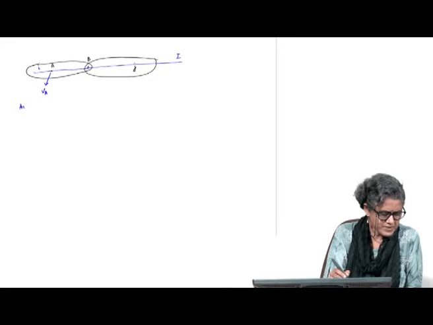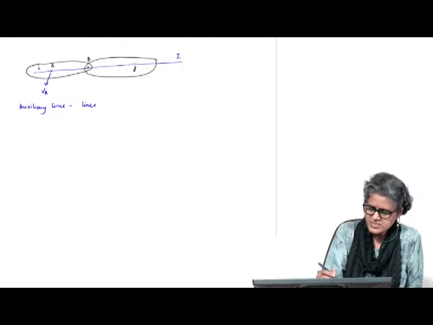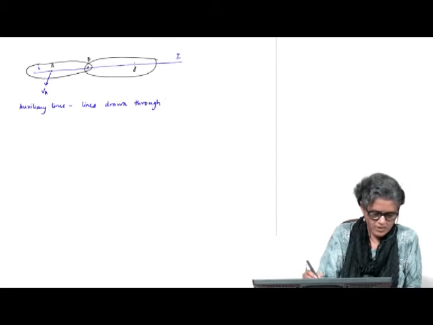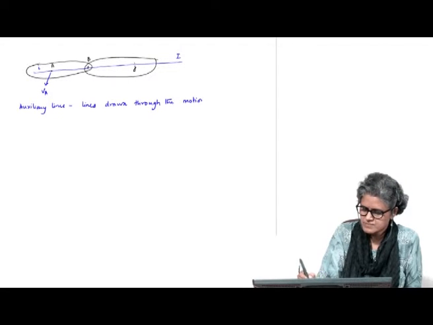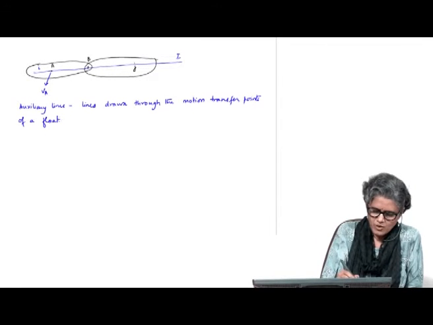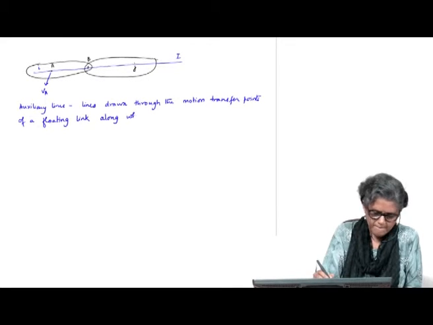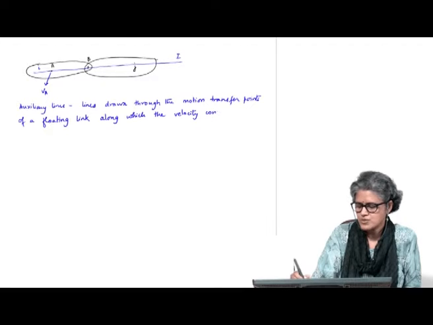Let's see, where were we? Okay, so auxiliary lines are the lines drawn through the motion transfer points of a floating link along which the velocity components are known.